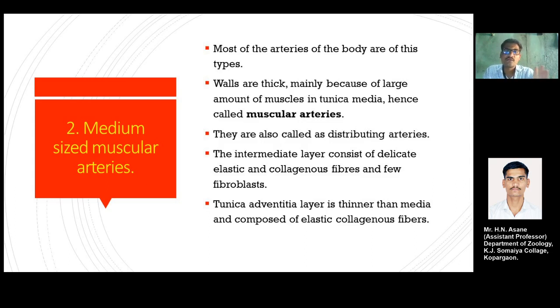The walls are thick mainly because of the large amount of muscle in the tunica media layer. Hence, they are also called muscular arteries. They are also called distributing arteries. Why are they called distributing arteries?